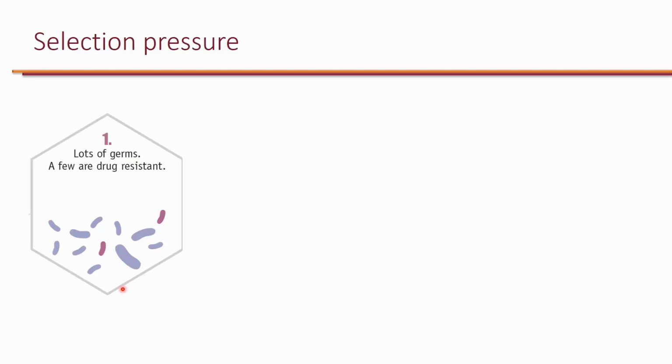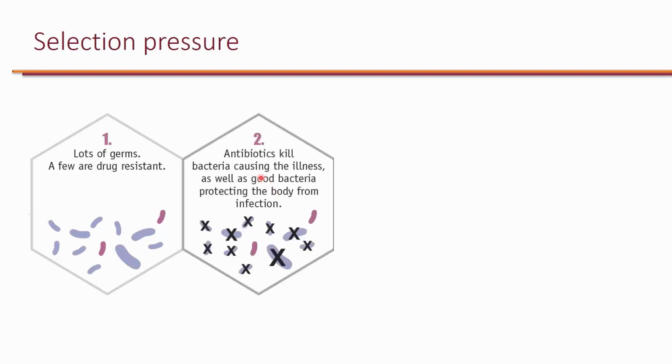Now, every time we use an antibiotic to treat an infection, what it does to the actual flora is wipe out all the ones that are susceptible to that antibiotic, and the ones that are resistant will stay behind because the antibiotic could not kill them. Again, those bacteria were not really causing an infection, they were just part of the flora.